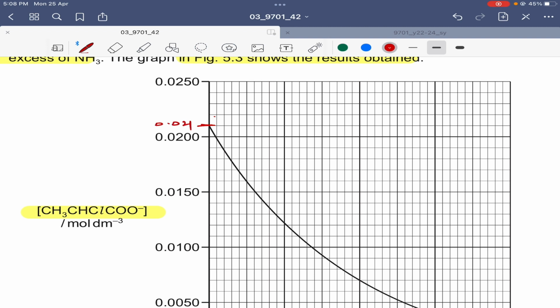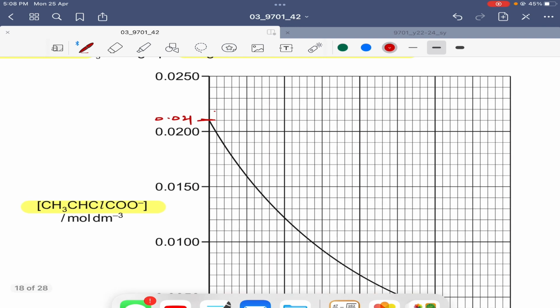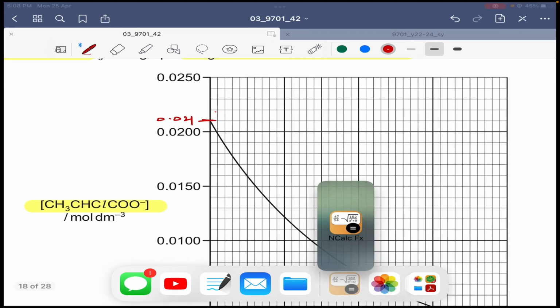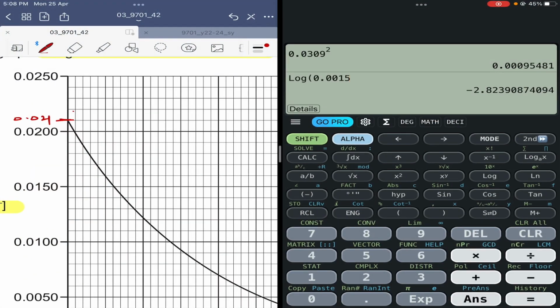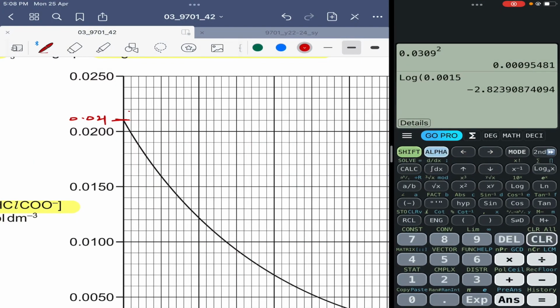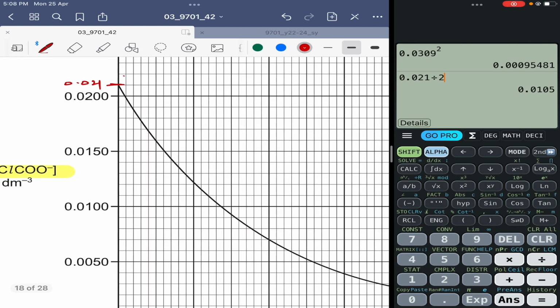So it starts with 0.021, right? So half of 0.021 would be 0.021 divided by 2, that is 0.0105. So this would be this value, right?